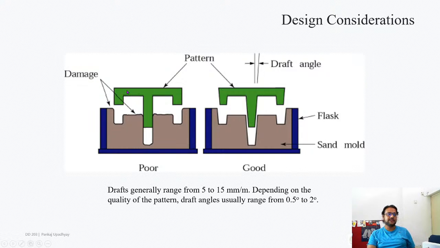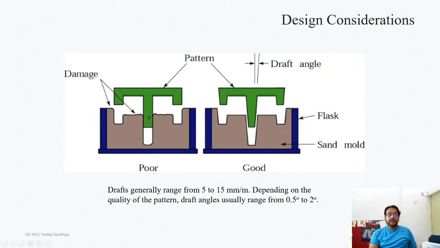We want to cast a piece which is of the shape T, and it has a small thing extending out, and this is naturally the drag, and it has all straight edges. So once I press the pattern in the mold, when I try to remove it, it will be very difficult, because all of these flat surfaces will have a tremendous amount of friction which will damage the cope. Okay, damage the sand in the cope.